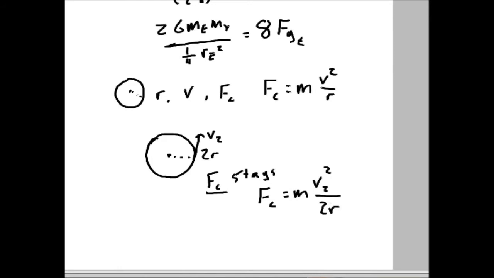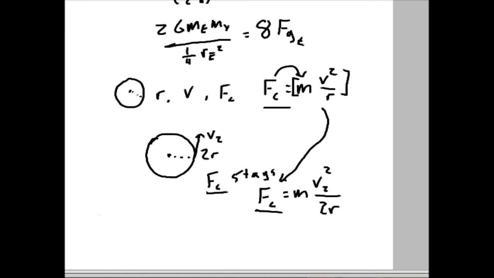So it's tempting to say, okay, I go out to twice the distance, so I'm going to have half the velocity. Well, it's not quite the case. Now keep in mind, this F_c is the same as this F_c. So let's figure out how these two velocities are related to each other.